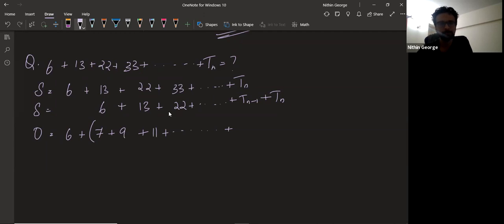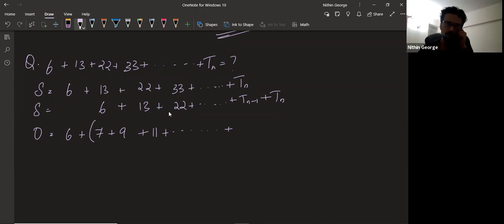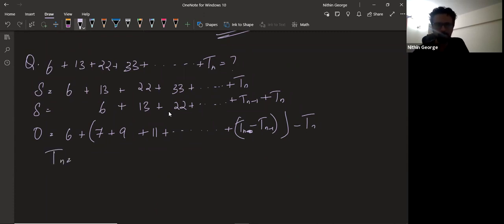Plus T n minus 2, and so on. You get Tn minus 1 here together, minus Tn. Okay. So this sum is what will come out as Tn here, finally.